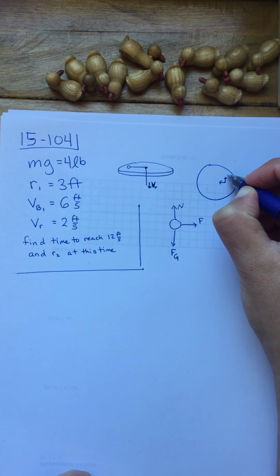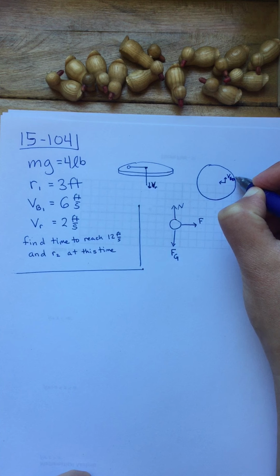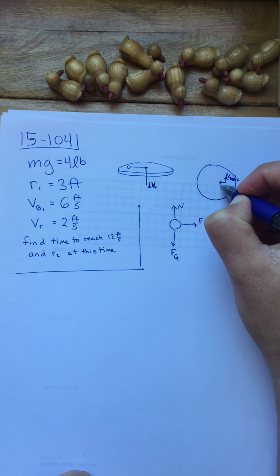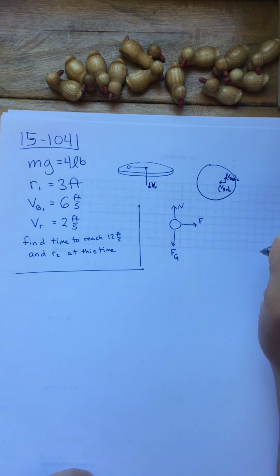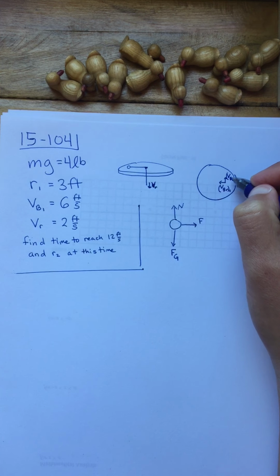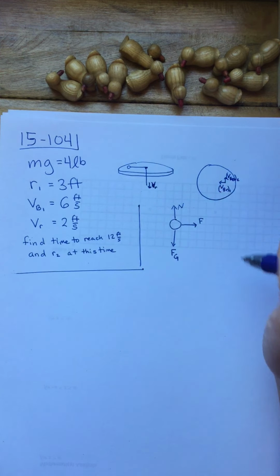So let's call this v_b theta at event 2, and this is the radial component, but it is pointing in towards the center of the circle, so in the negative r direction. So using cylindrical coordinates, we have the transverse direction and the radial direction, which is pointing outward, and the z direction, which is pointing upward.